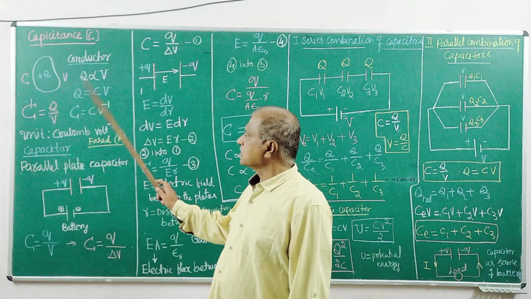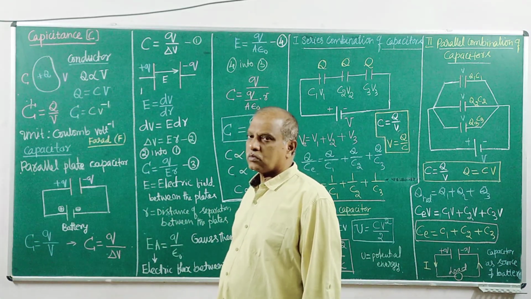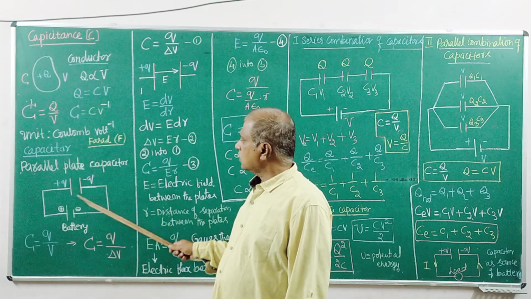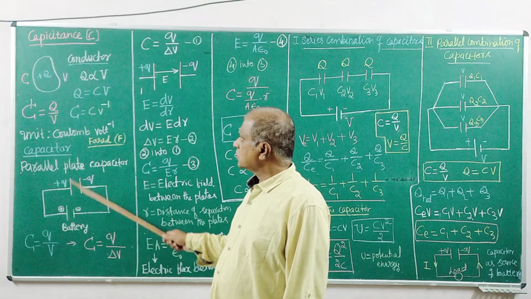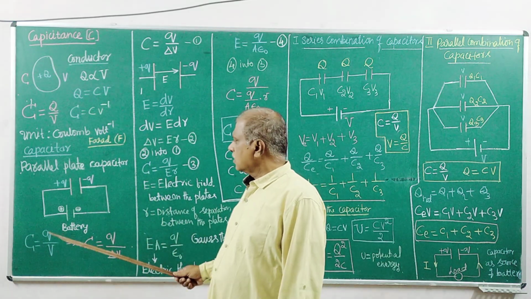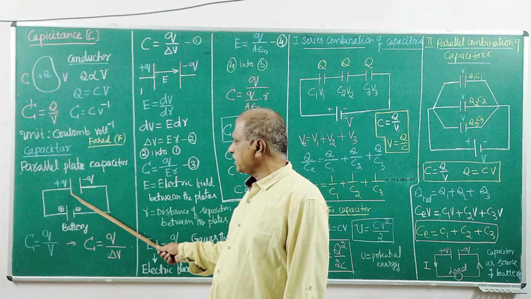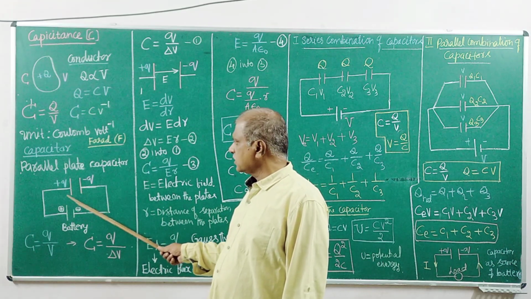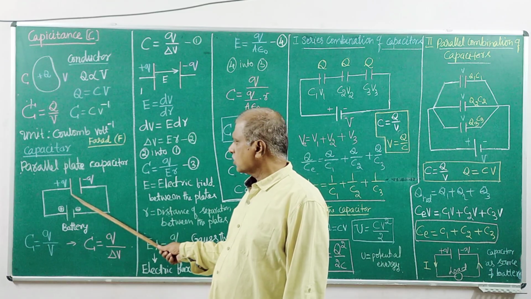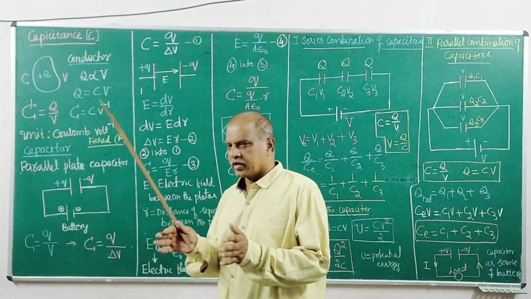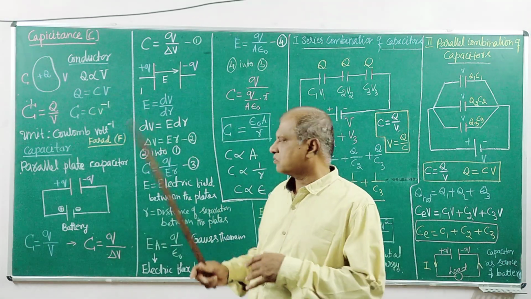This is the capacitance. Now, the conductor is taken in this fashion. This is only a single conductor. If you have two conductors, same material, same size, that is plate conductors, they are arranged in parallel fashion.